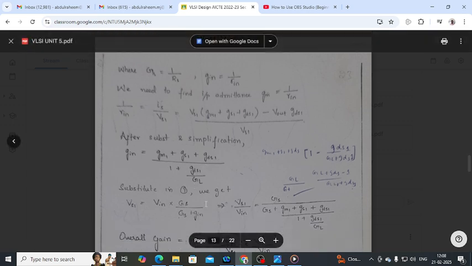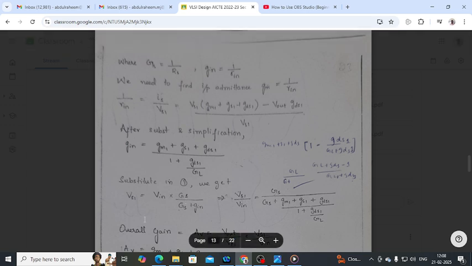Substituting this in equation 1, you have Vs1 equal to input voltage into gs by gs plus gm1, that is the transconductance, and gs plus gs1 and 1 by gds by gl.